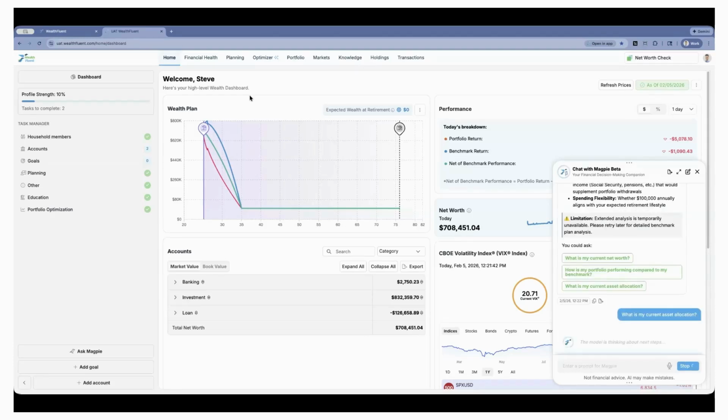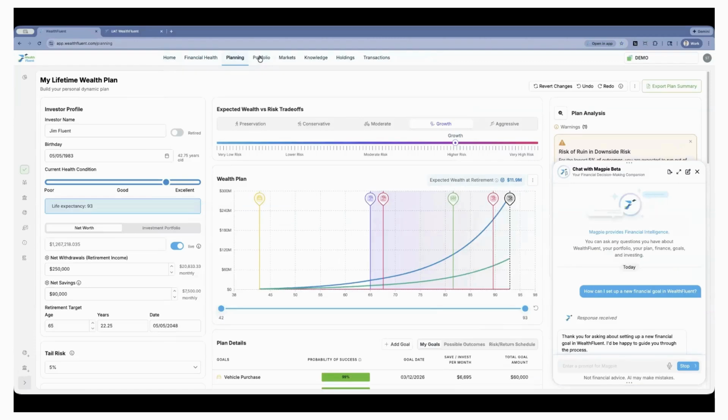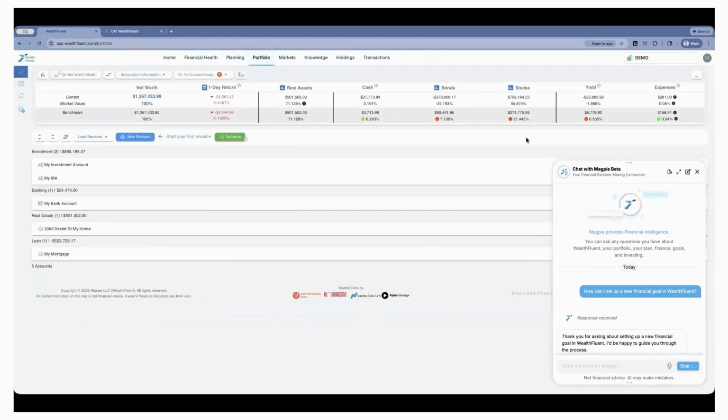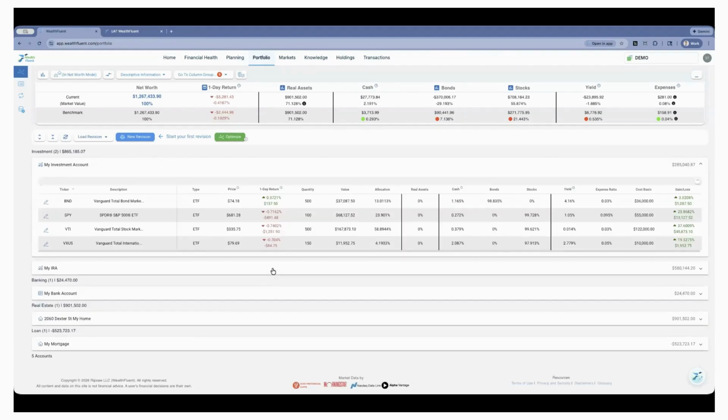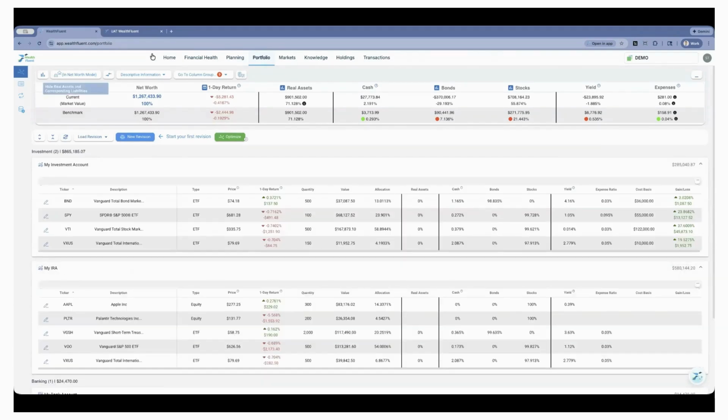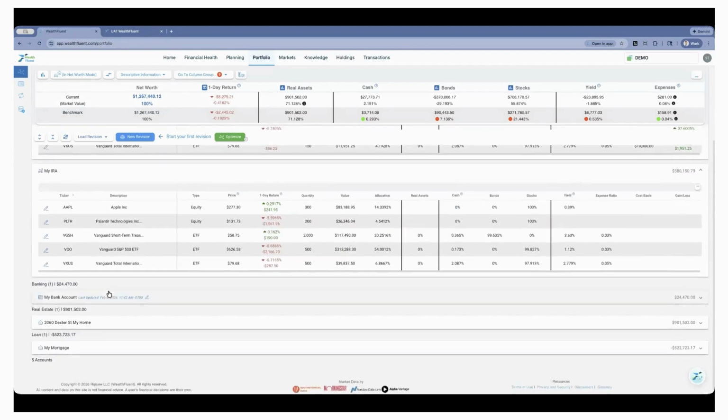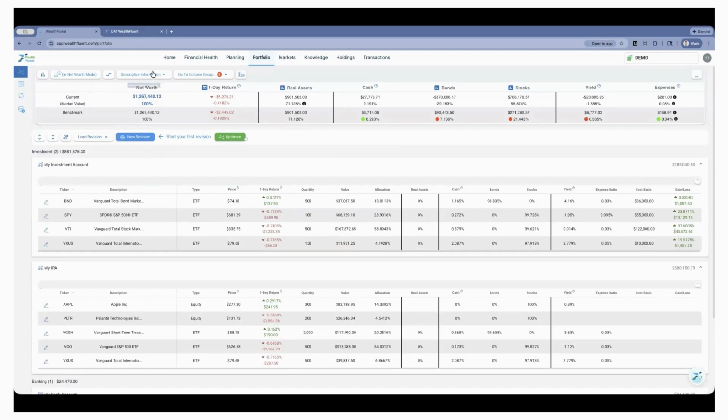Then let's go back. So the actual portfolio is, we have what we call the allocation widget, where you're able to look at your portfolio in aggregate by all the different accounts, but also what all the different potential exposures are.